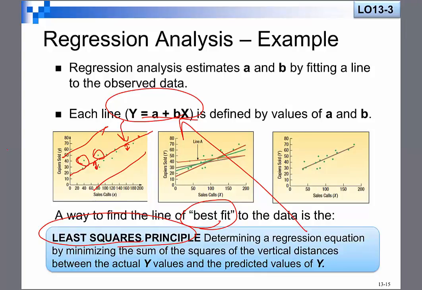A line is nothing more than a connection of dots on a graph. That's really what a line is. And so all of these dots that I just put on a line are predicted values of Y, predicted because as X changes, here's what I predict Y to be. And again, if we can minimize the distance between the actual and the predicted, we have then created a line of best fit.